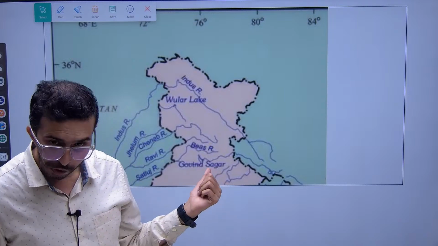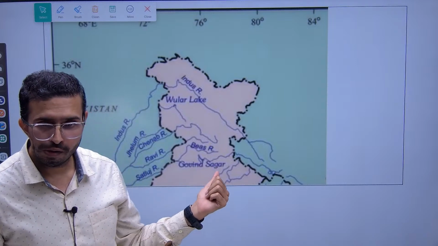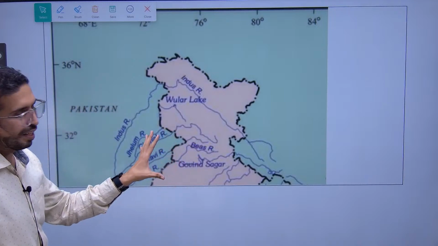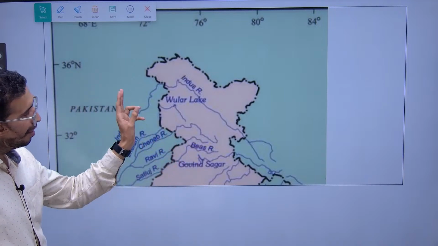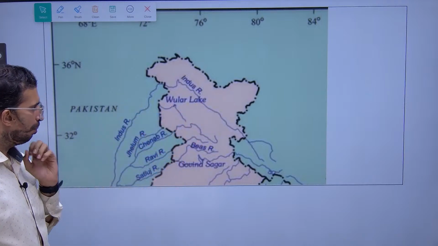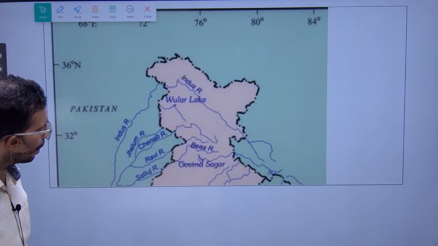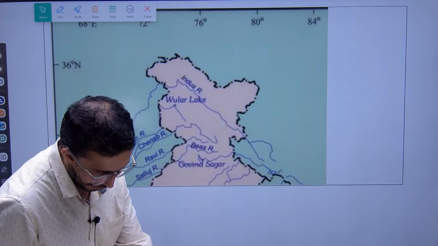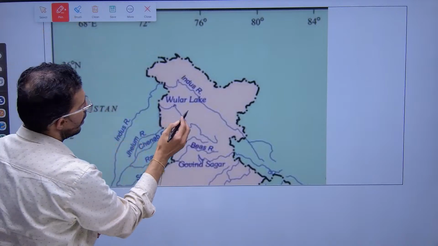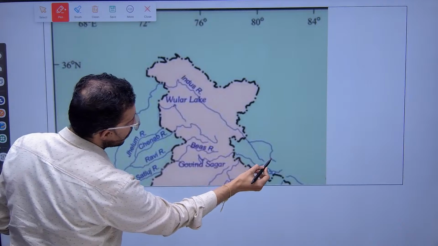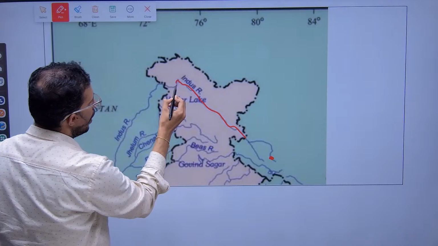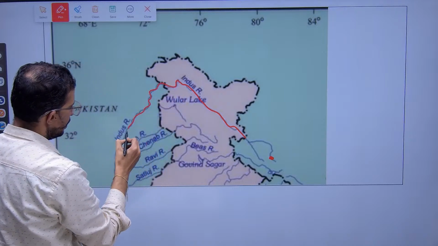No, we are going to see which river doesn't originate in India. We are seeing it in detail. Omkar, see the map very carefully. Then you can understand which river doesn't originate in India and which river originates in India. See this one. The upper one is the Indus river system.